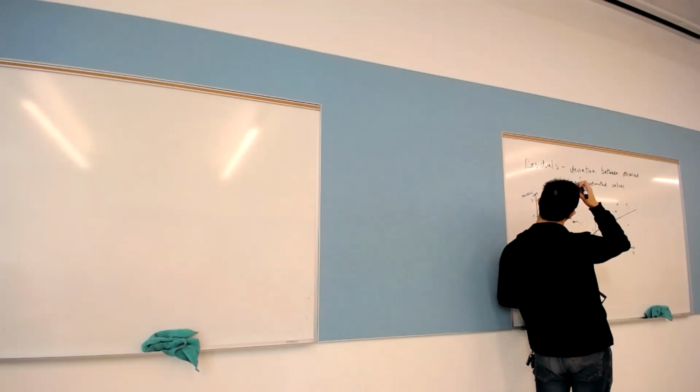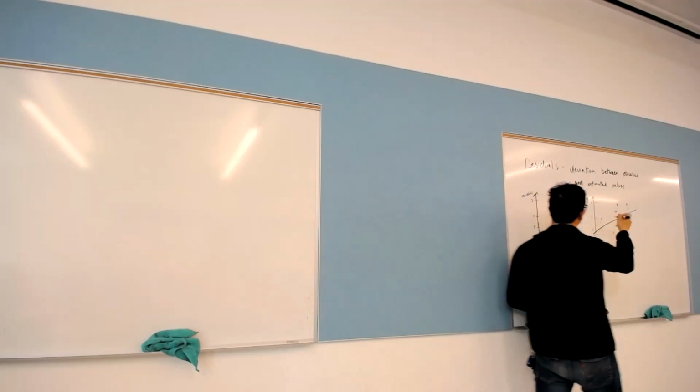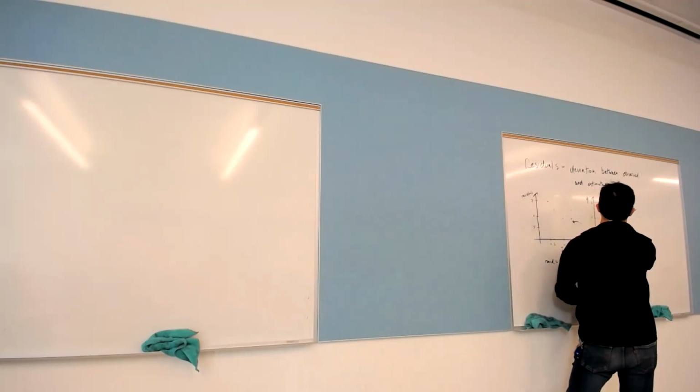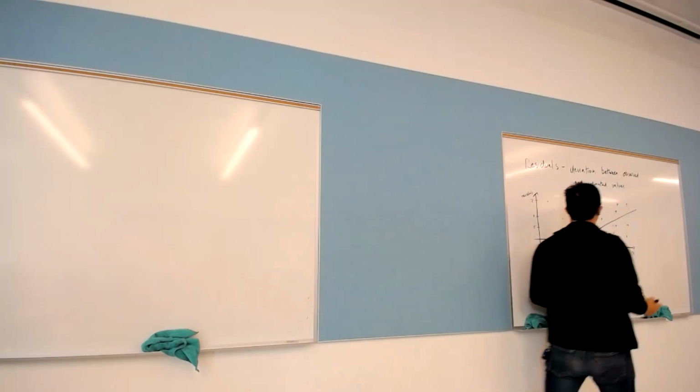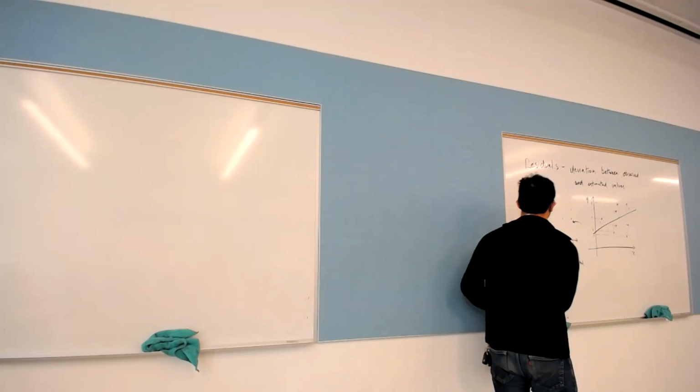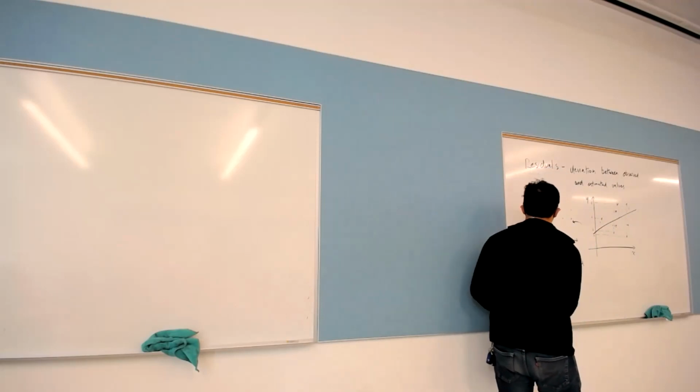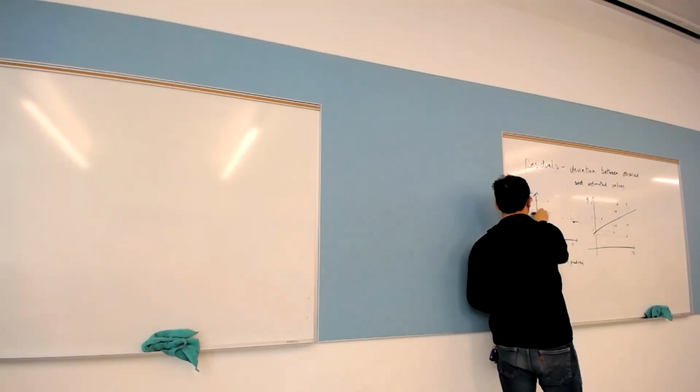Okay, wait a minute. I just realized I did this totally wrong. This should be minus 1.5 and minus 2. Okay, all right, hang on. I'm gonna try this again.